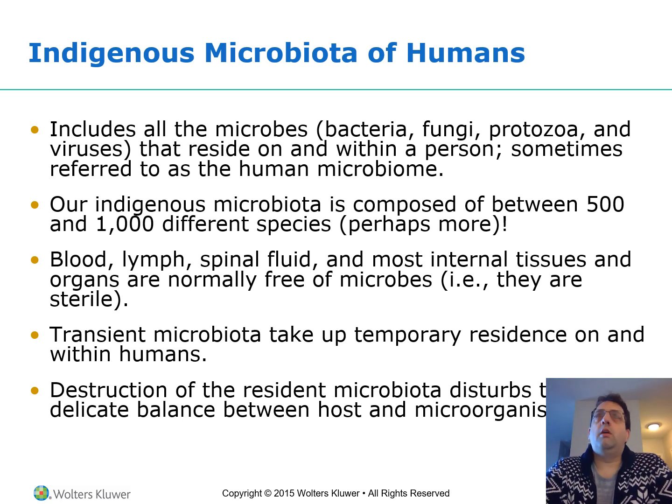There are more microbes alive in and on you than there are people on the planet, just to put things in perspective. Now, blood, lymph, cerebrospinal fluid should be free of microbes. They should be sterile. Transient microbiota take up residence on or within humans and then leave. They don't stay there.